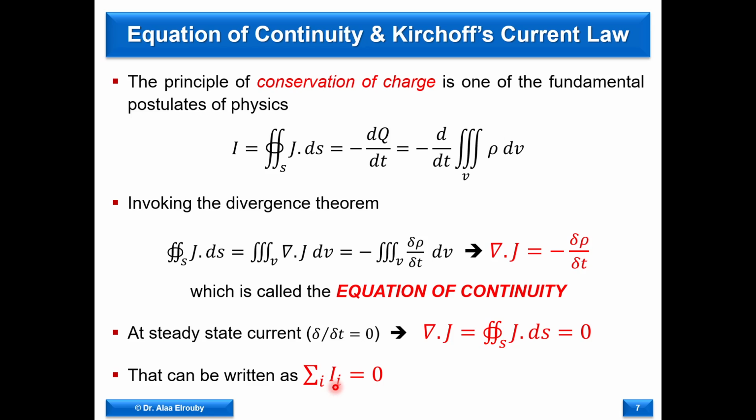So if we have any node in a circuit, we can put a sphere around this node, and we apply the conservation of charge or the equation of continuity. And under this condition, the total current out of this surface, which is the surface of a sphere, equals 0. So the total current out of this point also equals 0 if we have the sphere shrinking to the limit of just a point.